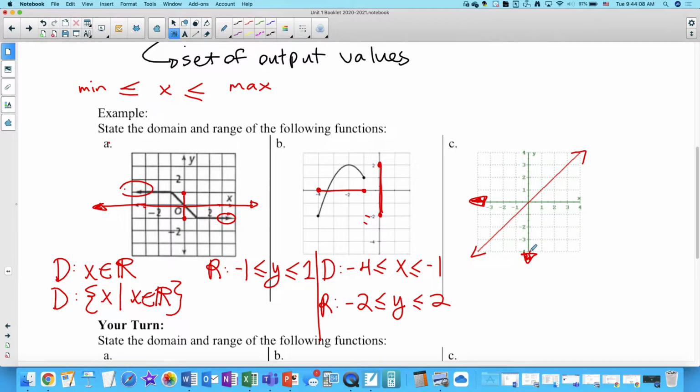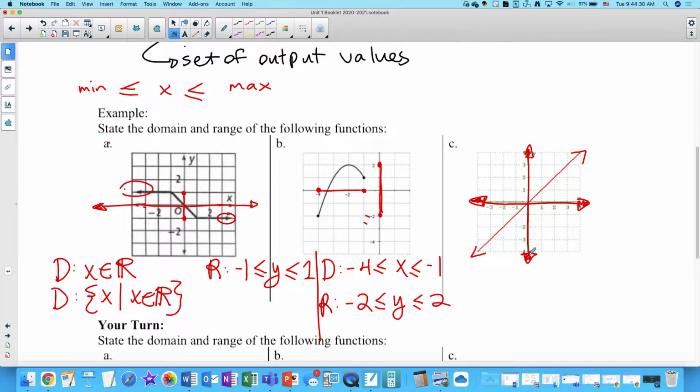This arrow horizontally is going right, and vertically is going up. Okay, now everything in between is connected, so I can sort of connect these arrowheads. And essentially, what we can see is that both domain and range is that either variable can be anything.